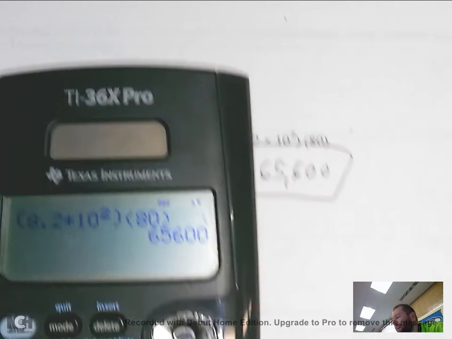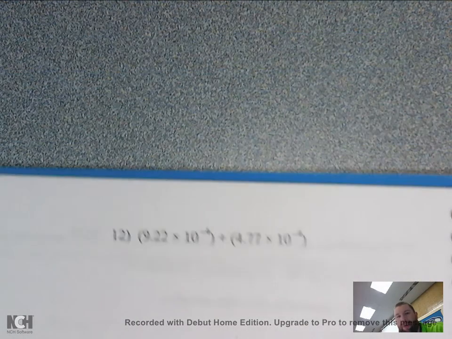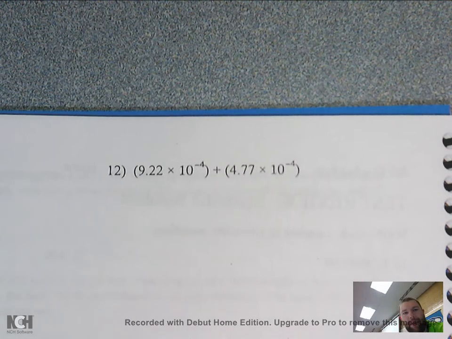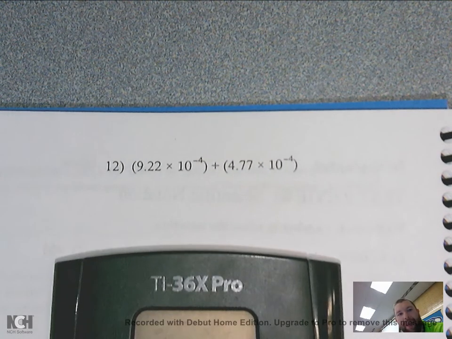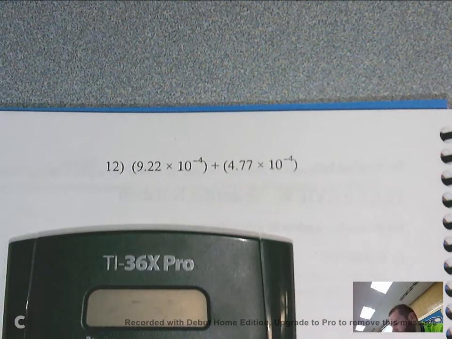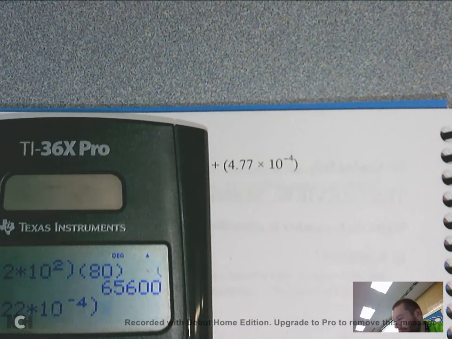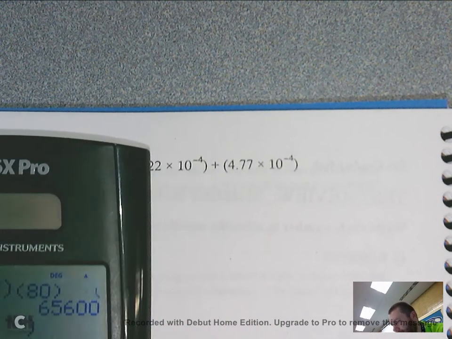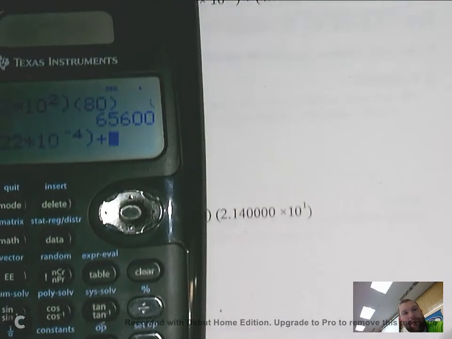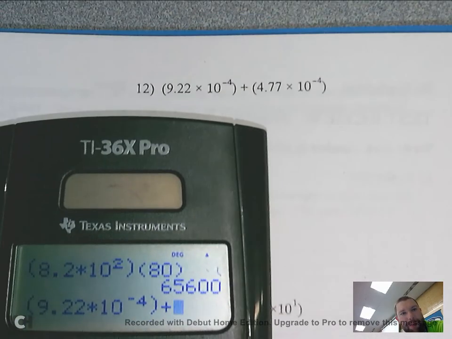Let's do one more. Let's do an addition one here. So let's do this last one. I've done all the other ones. So in parentheses, 9.22 times 10 to the negative 4. Oops. You got to make sure you push over if you're using the school calculators. And then plus, sorry, I'm trying to get to where you can see what I'm doing and the problem.